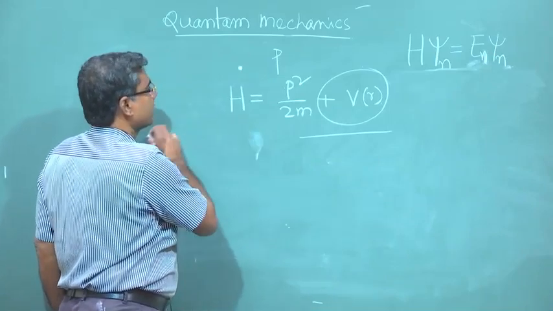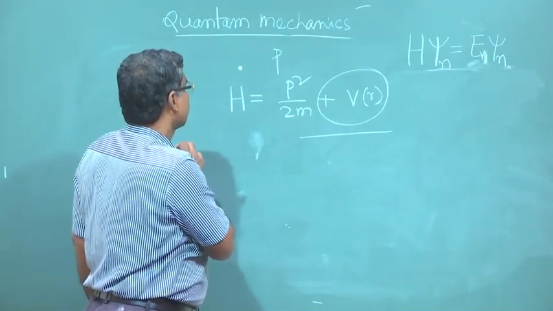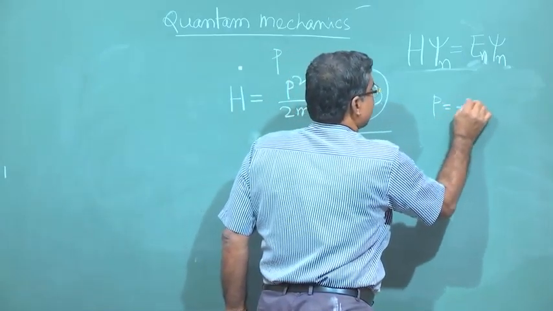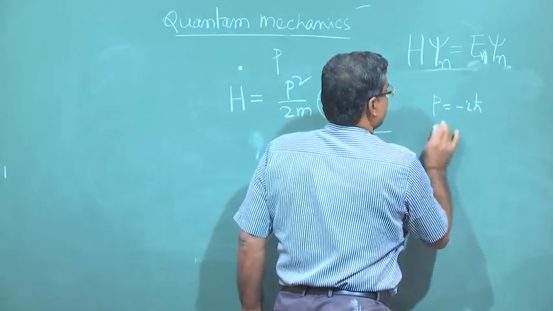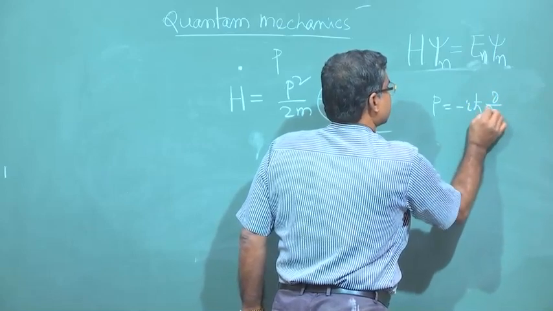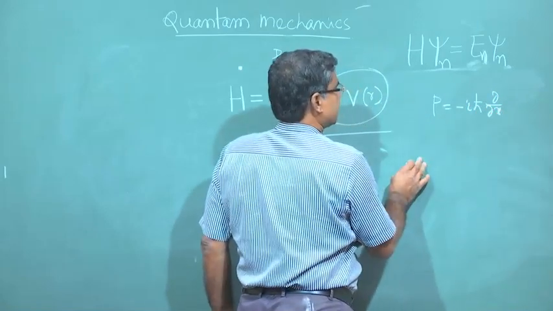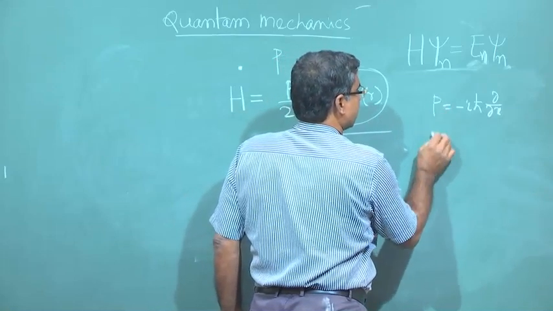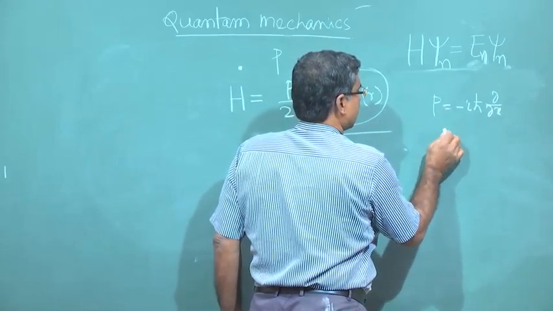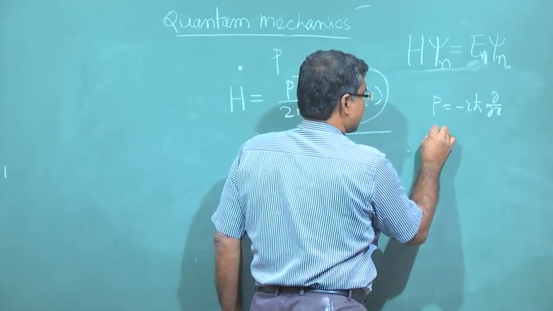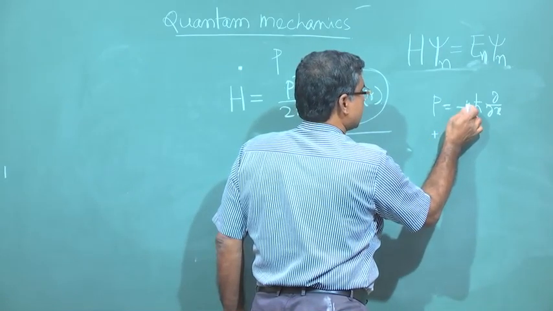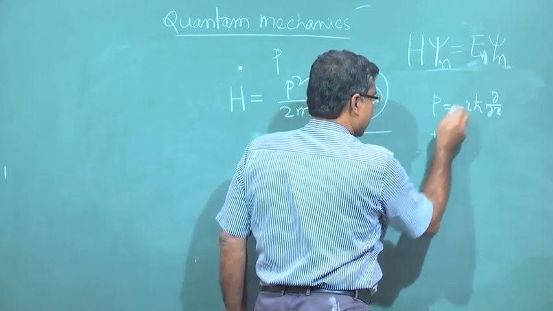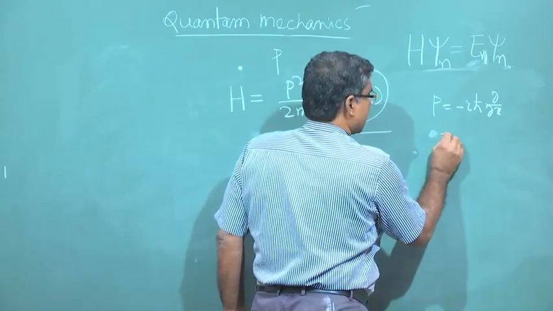So, P is basically minus i h cross, okay, del by del x, okay, and P square is minus, i square, that is minus, yes.